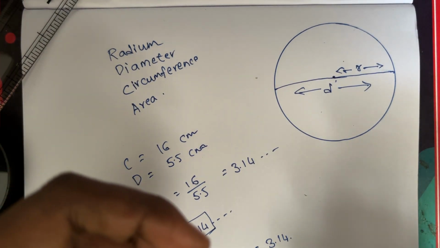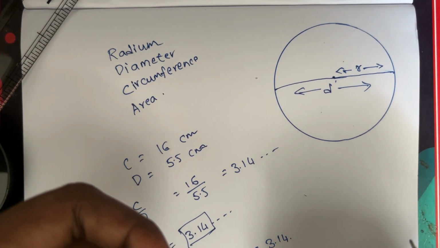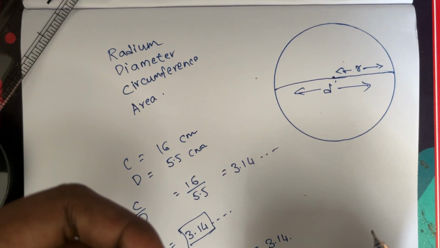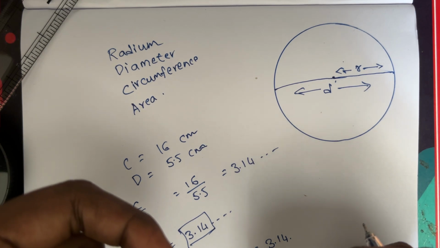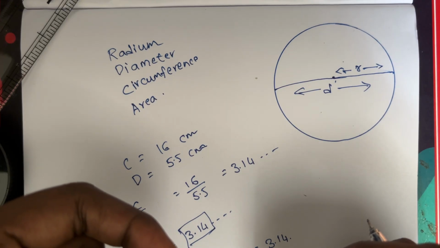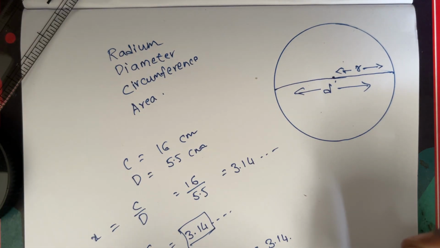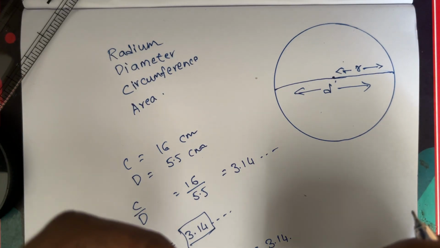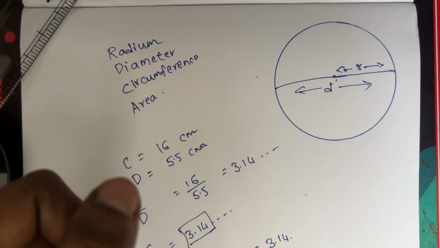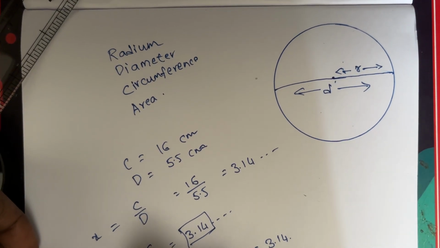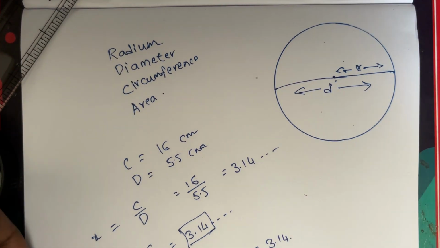To define it, they have tagged that particular value to a mathematical component, or you can say a mathematical parameter, which is pi. We are tagging that particular 3.14, the circumference divided by diameter, to a key which is pi. So basically, pi is circumference divided by diameter.